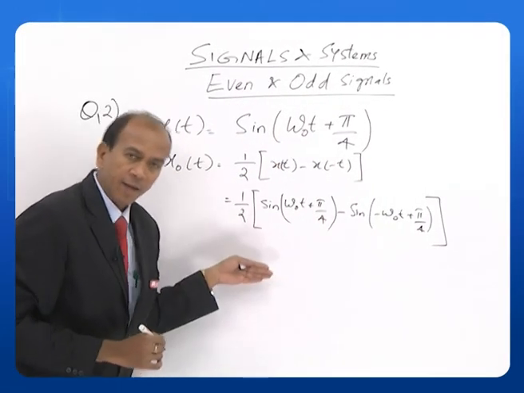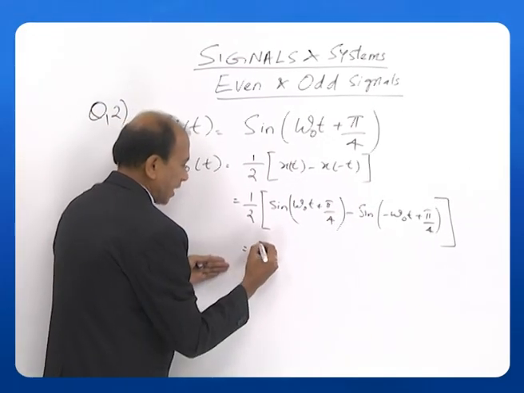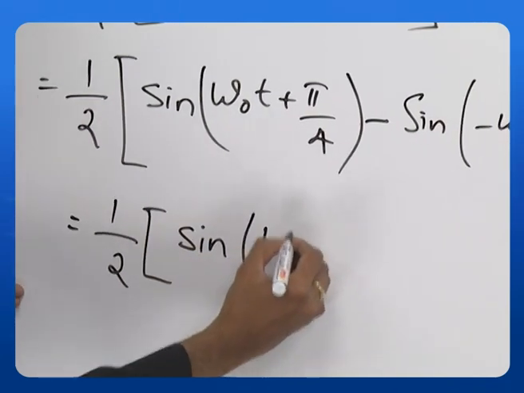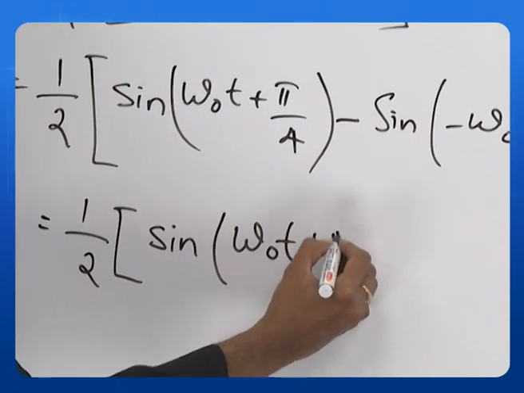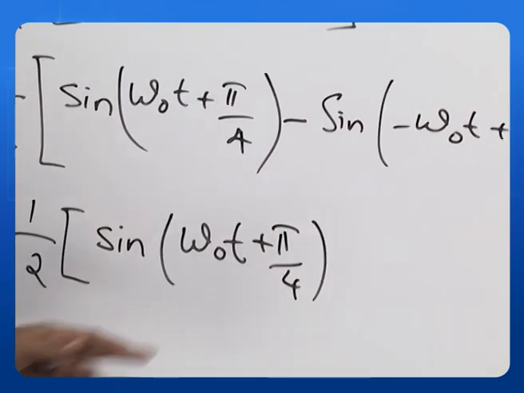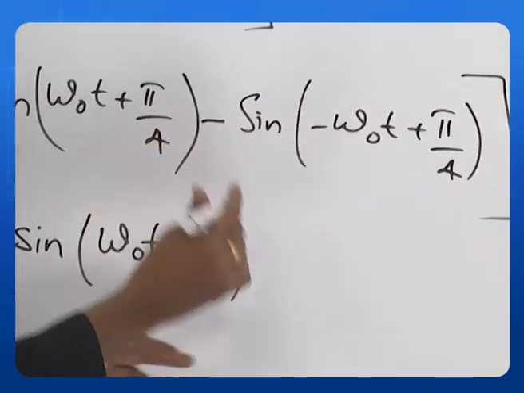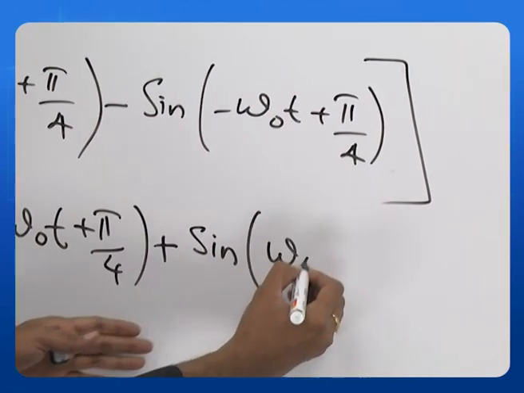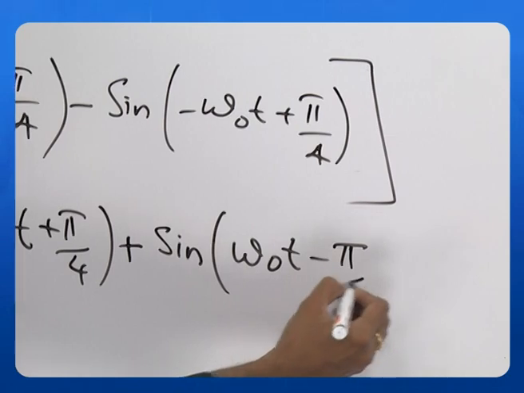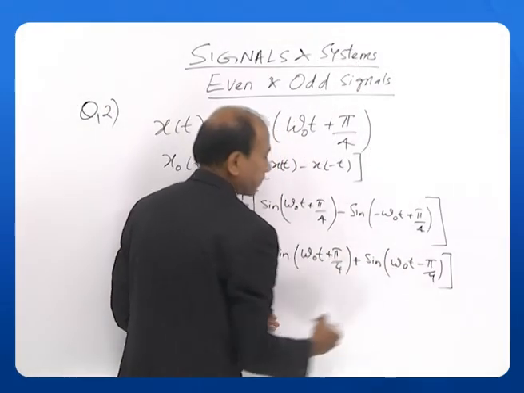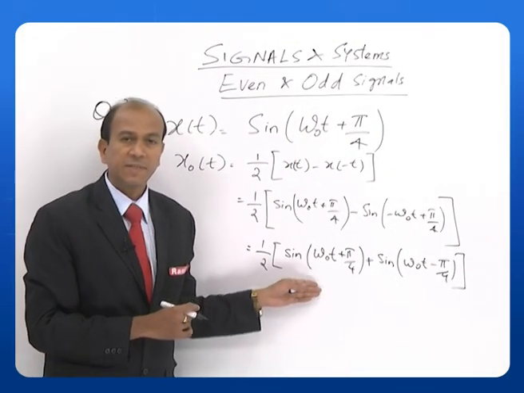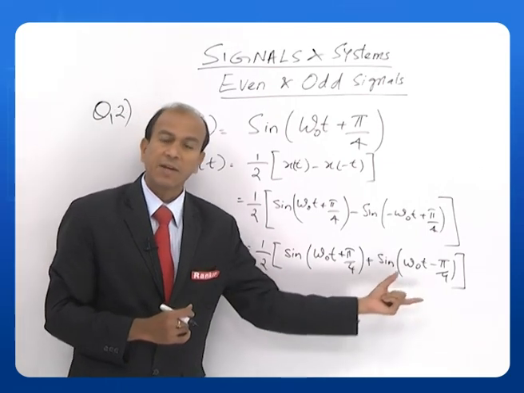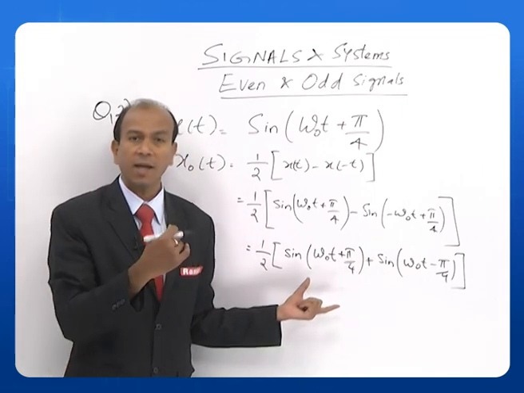Okay, bringing out the negative sign here, I can write like this, half of sine omega naught t plus pi by 4. Then this becomes what? This is minus here. So, this I can write as plus sine omega naught t minus pi by 4. Again, this represents the trigonometric notation, which is equal to sine of a plus b plus sine of a minus b. That will be equal to 2 sine a cos b.